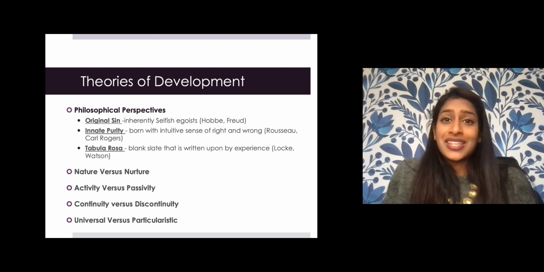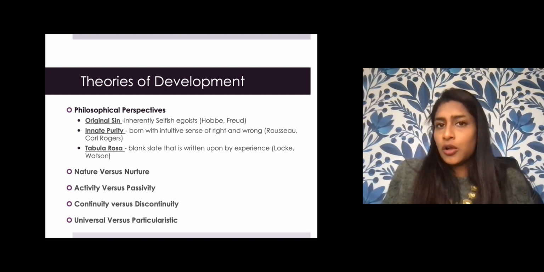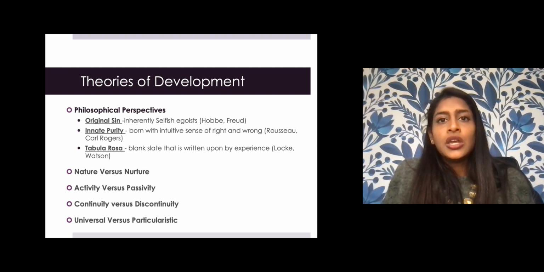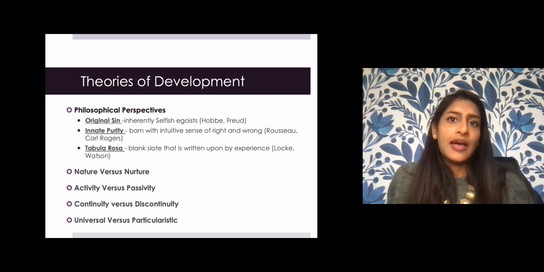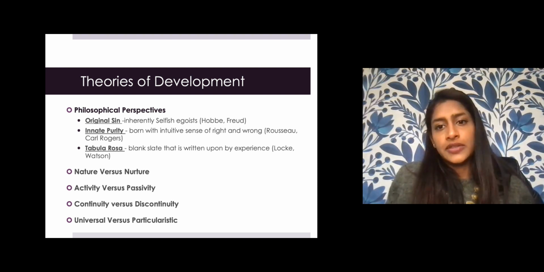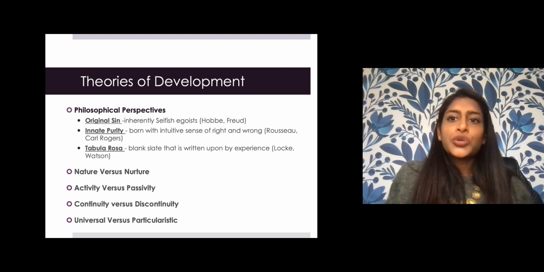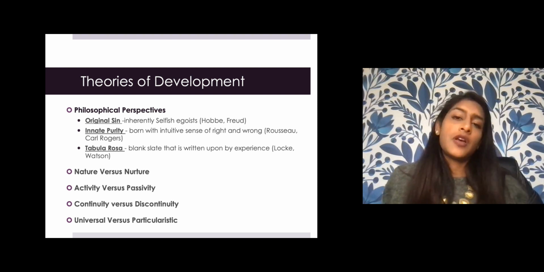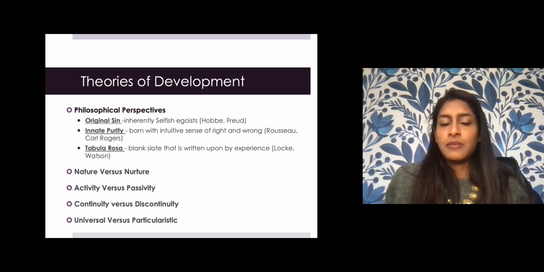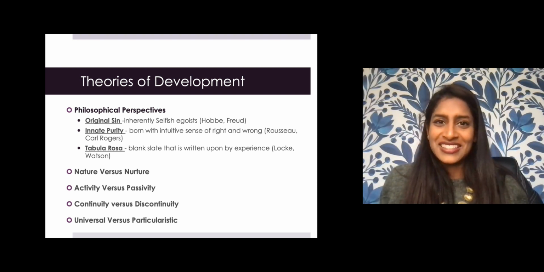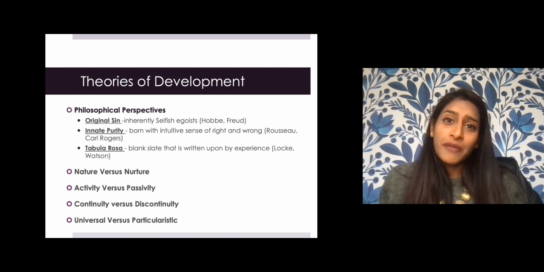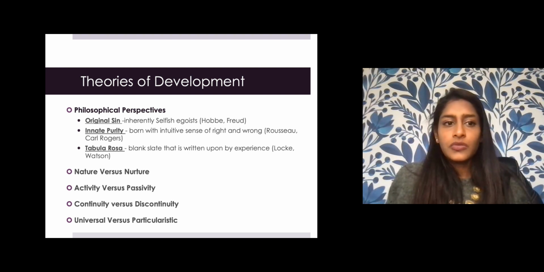So please do spend time taking a look at these theories, really understanding them, jotting down notes, using flashcards, whatever helps you understand these theories, because you will be applying them to concepts as we move forward in the semester. So we've got 3 philosophical perspectives related to development. If you've taken developmental psychology, you may have been introduced to these previously. We also talk about them in Intro to Psych as well.